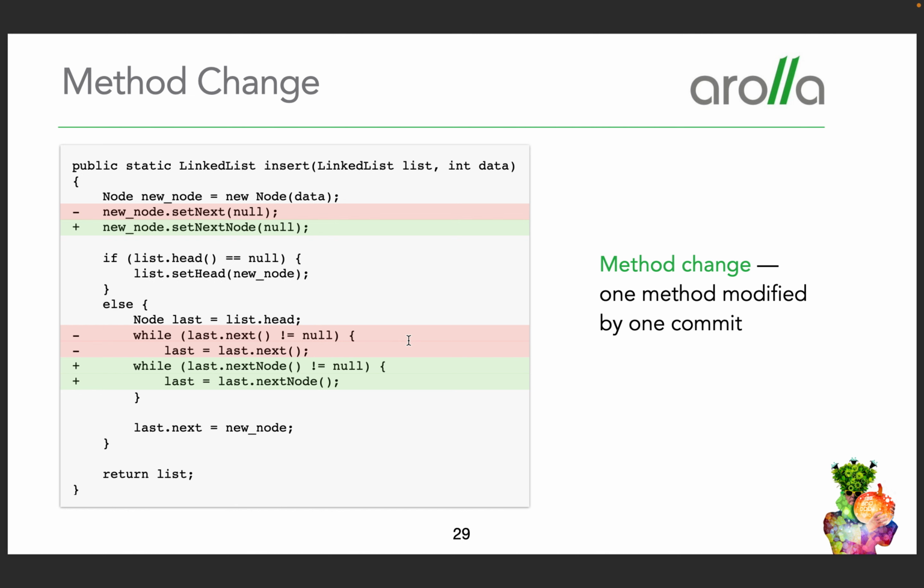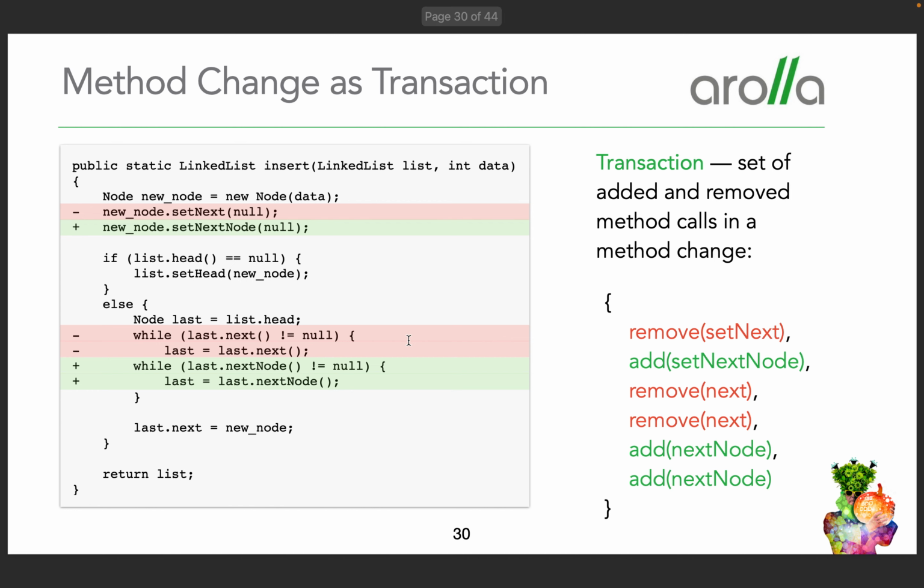Okay, so now we also introduce the concept of a method change. So what is that? It's basically one method that was modified by one commit. That's it. So here you can see an example of a method change. That is one method, in one commit, where the red lines were removed and the green lines were added. So as we said before, we represent it on a more high level.